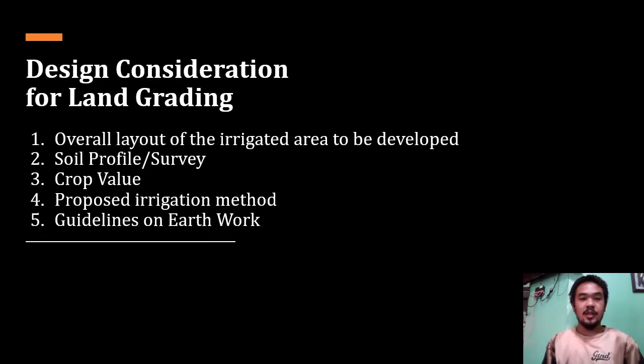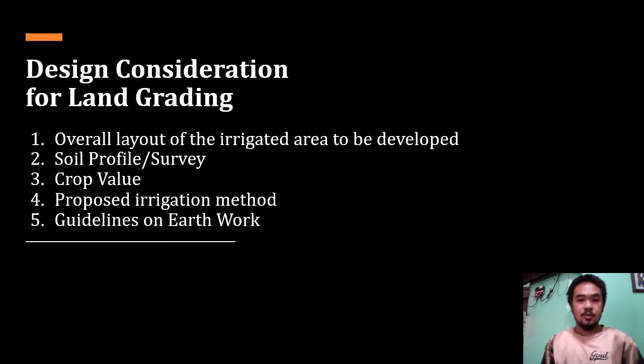Here are the five things that need to be considered when land grading. Number one is the overall layout of the area to be developed. There are technologies available to identify the gross elevation of the zone. The ideal layout is that the field should be laid out as nearly rectangular as possible. Number two is the soil profile.